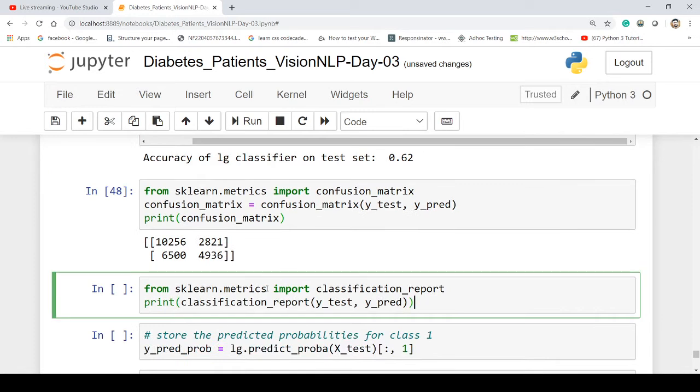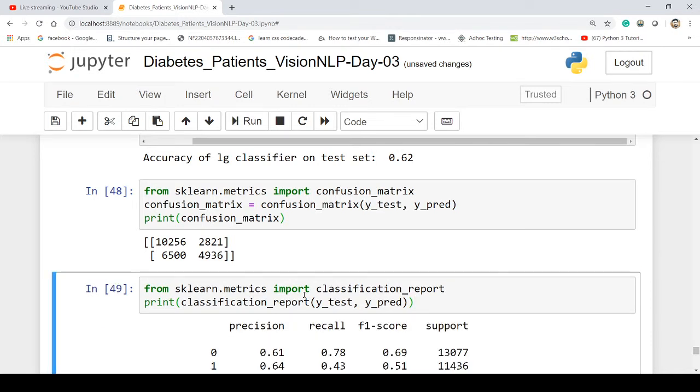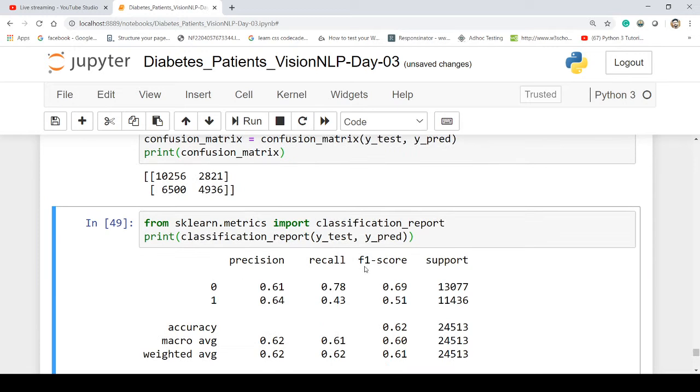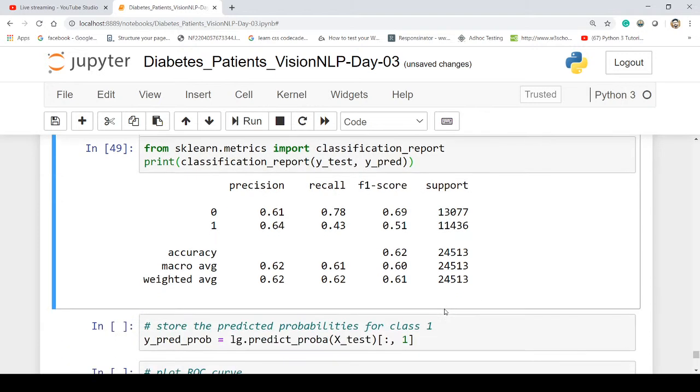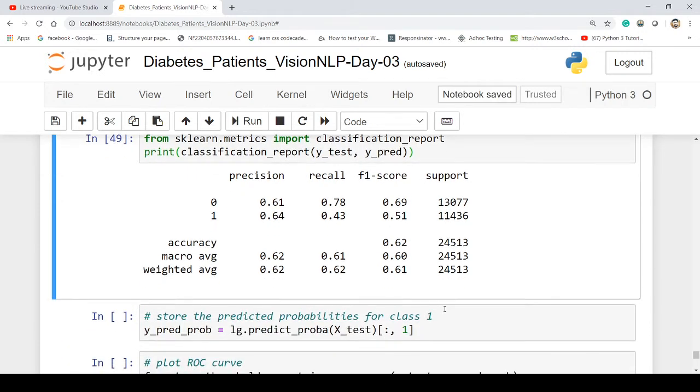From sklearn.metrics, import classification_report. The classification report will give you the specificity, the sensitivity, the accuracy, and such things. Recall and F1 score are around 69% for 0, and for 1, the people who got admitted, it is around 51%. People who didn't get admitted, around 69% out of these many people. So this is what you can infer.